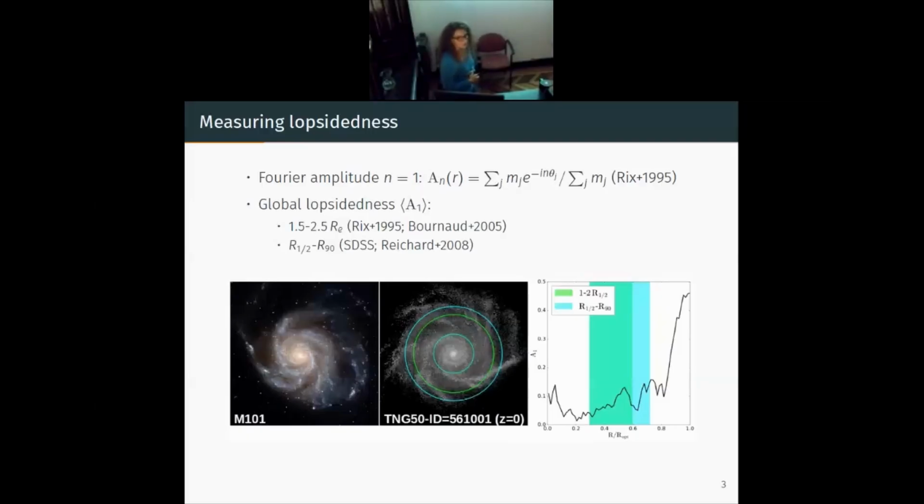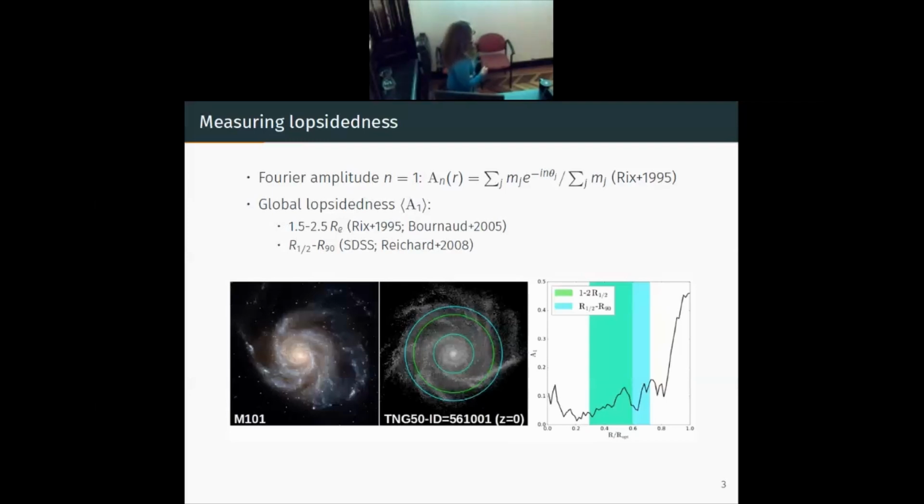To quantify the global lopsidedness of the galaxy, we take the average of A1 within a given radial range. In previous observations, this radial range typically corresponds to between 1.5 and 2.5 effective radii, or some observations from SDSS were able to reach out to R90, including 90% of the mass, where the outer radial range depends, of course, on the signal to noise of the observations.